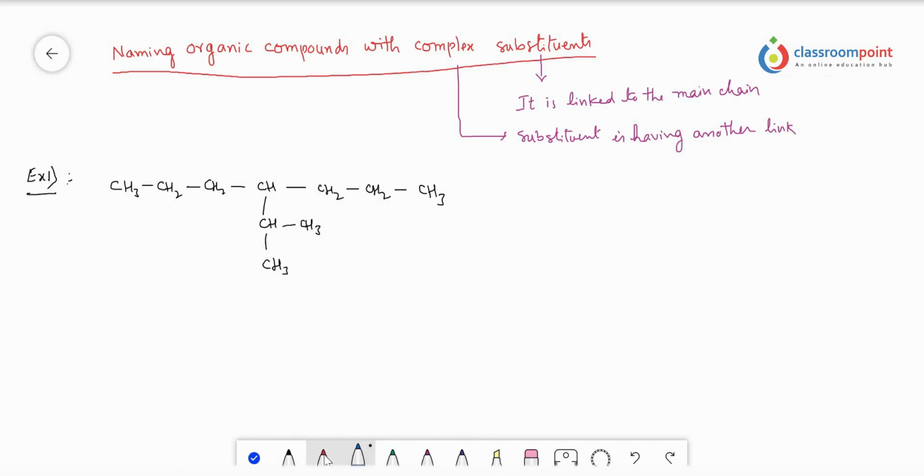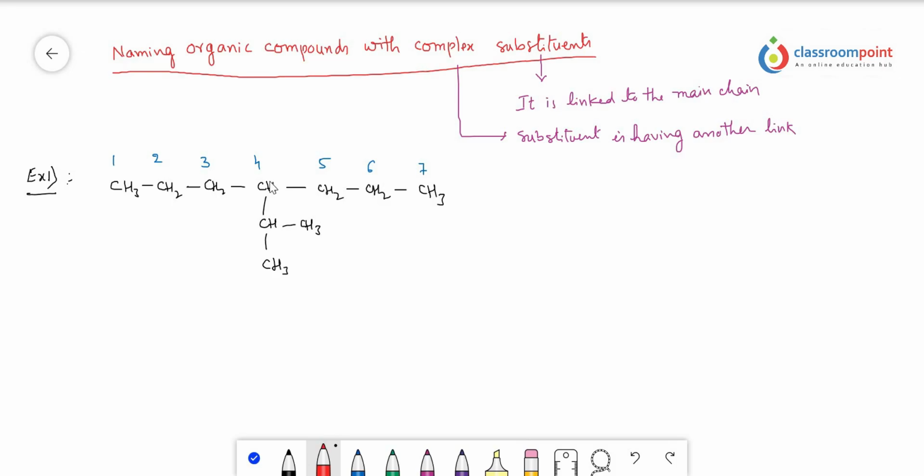So let's try to select it. 1, 2, 3, 4, 5, 6, 7 carbon atoms are present. If you go this side, it will be 5 and 6, so only 6 carbons will come here. And if you go this side also, 1, 2, 3, 4, 5, 6. So you go in any direction, only 6 are possible. So for us, this is the main chain, which is having the 7 carbon atoms.